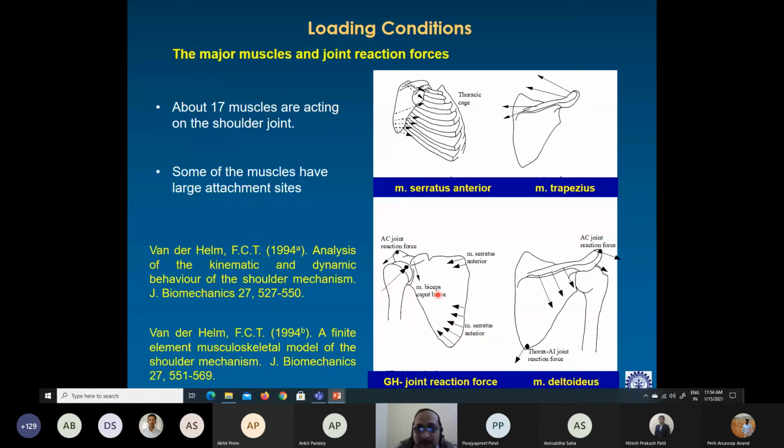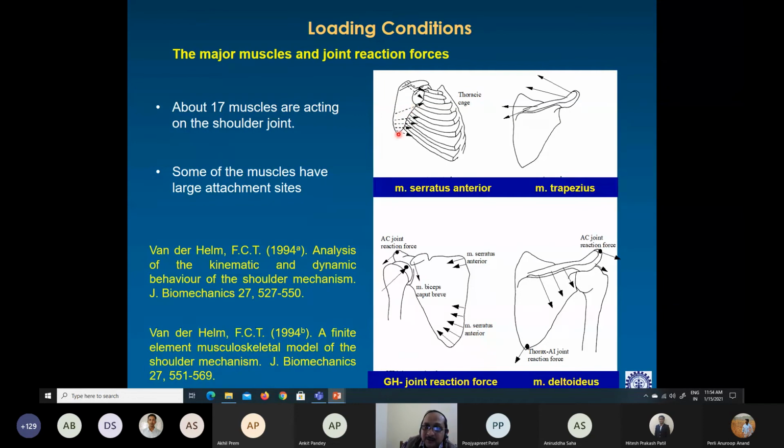Now, if I try to represent the action of the muscles and the joint reaction forces within the scapular humeral complex, it would look somewhat like this. So about 17 muscles are acting on the shoulder joint, and you can see how the muscle serratus anterior is trying to force the scapula to sit on the thoracic cage.